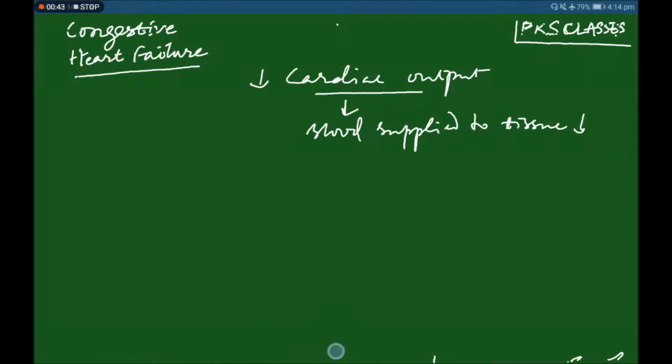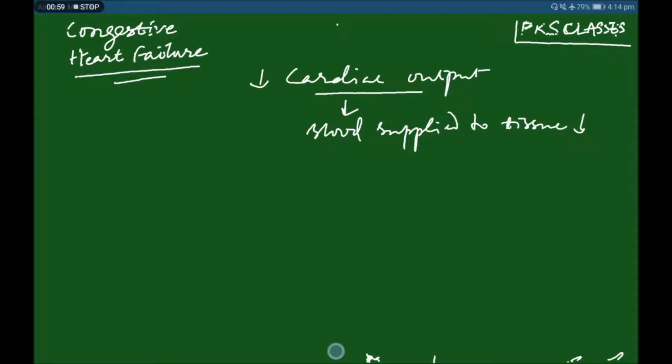So we can say the heart fails to function. So there will be congestion of the heart. So we call it congestive heart failure.